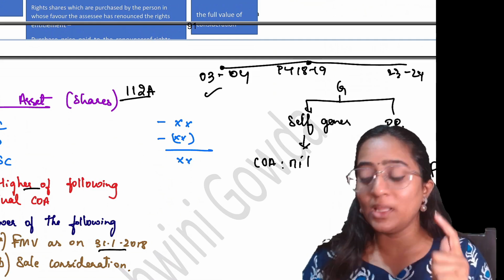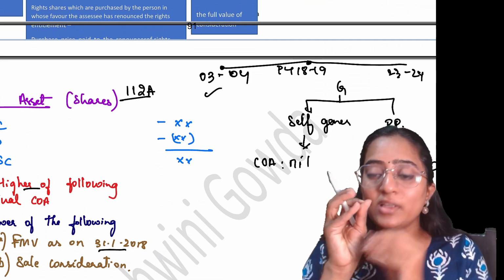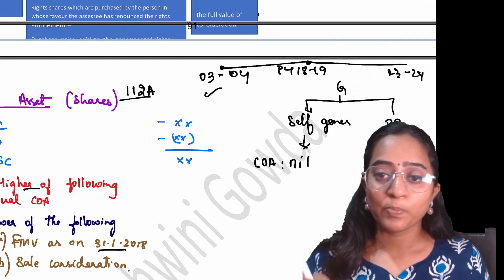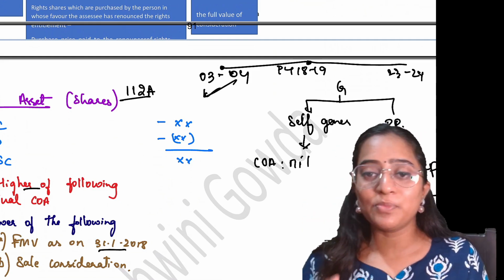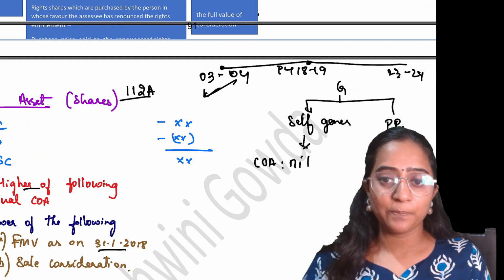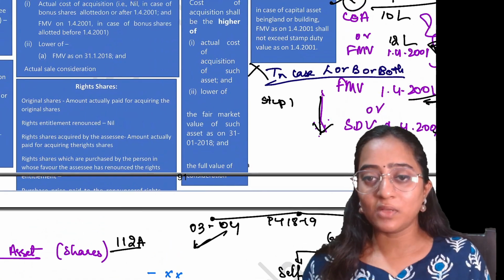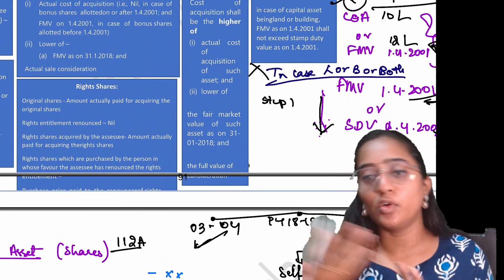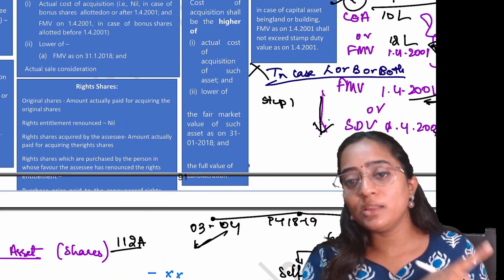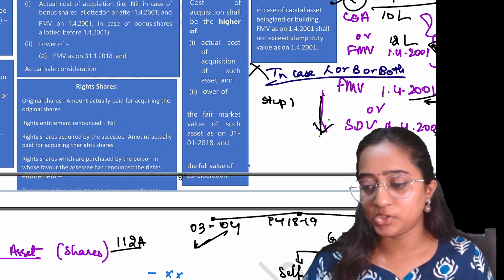Clear? For the period of holding, for the purpose of indexation, the year of purchase starts from the year of purchase of your previous owner, that is your parents in my example. The year of purchase will be the year in which your parents purchased.